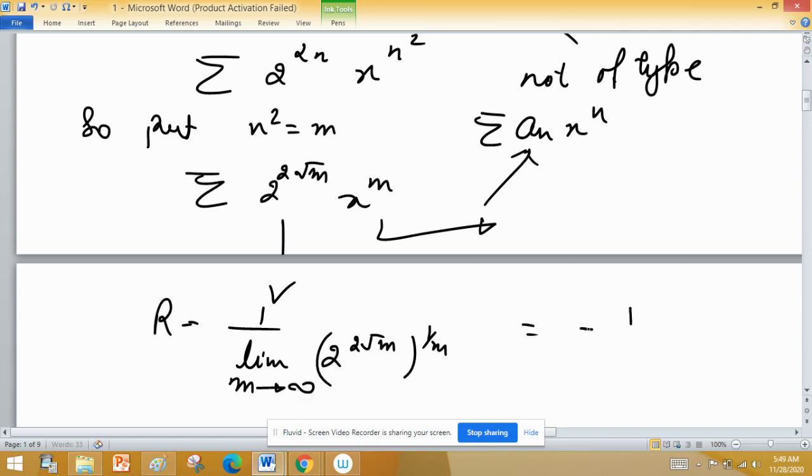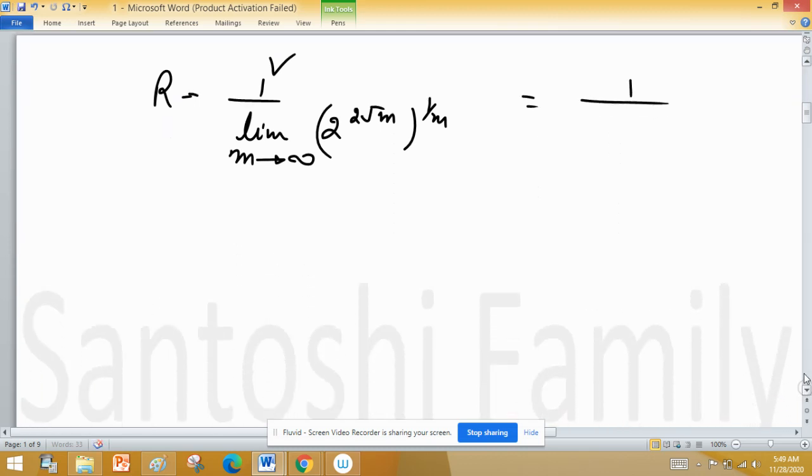It will be 1 upon limit m tends to infinity of 2 raised to the power 2 root m divided by m, which is 1 upon limit m tends to infinity of 2 raised to the power 1 upon root m.